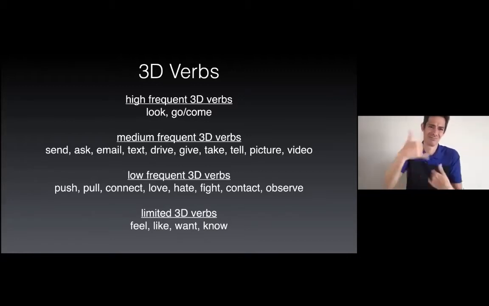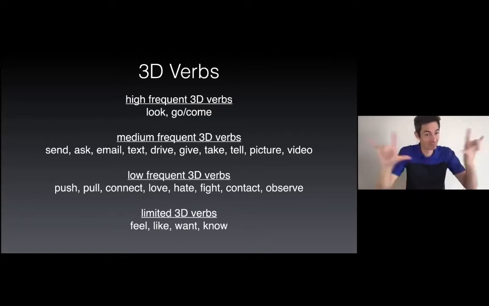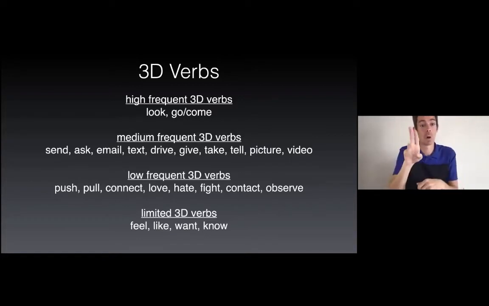Low frequent 3D verbs, but still 3D verbs: push and pull, connect, love. I'm showing examples of direction: hate, fight, contact, observe. And then we have those 3D verbs that are limited.